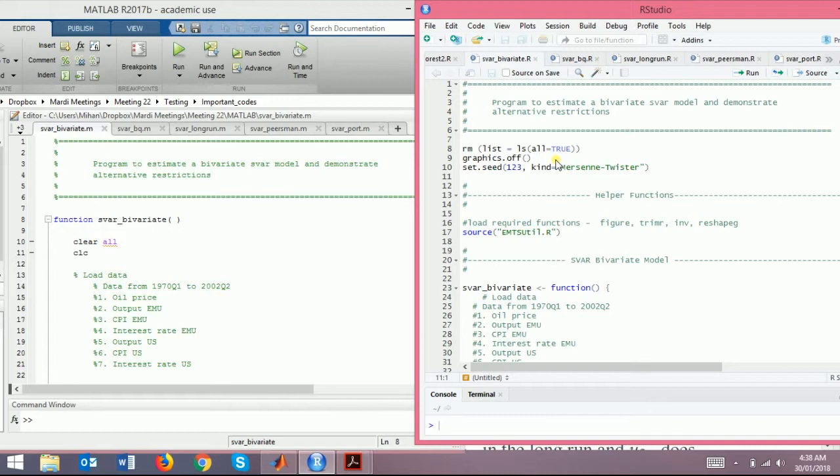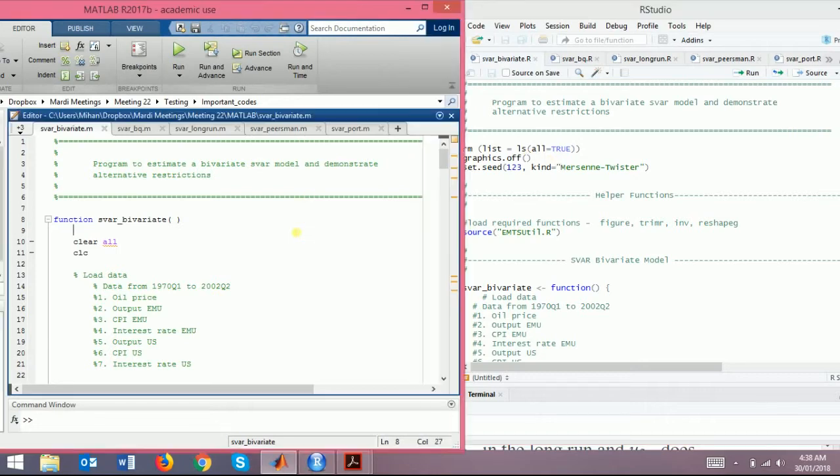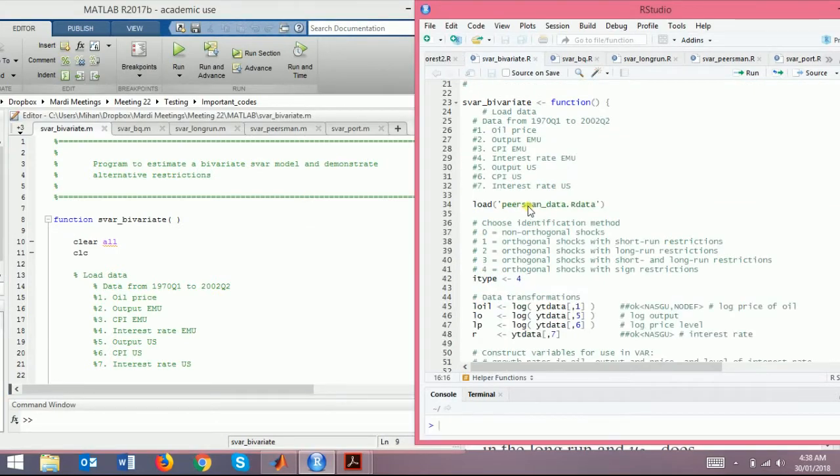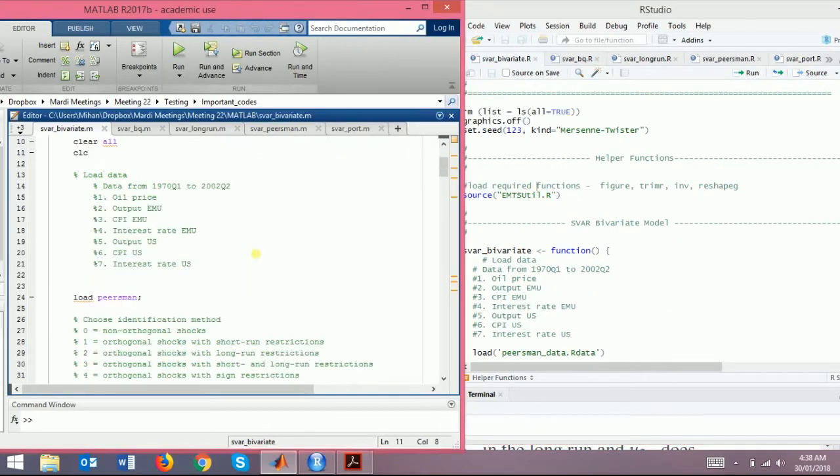Then we might need some simulation, so let's get prepared for it with set.seed(123).